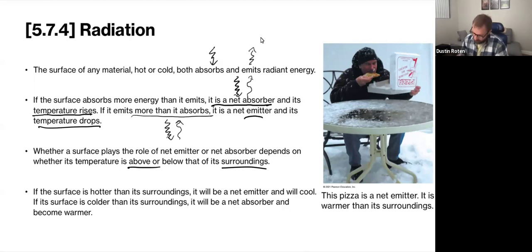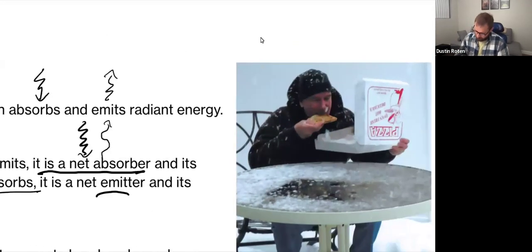So this pizza over here is clearly hot. The area around it, the background, the surroundings, clearly is cold. Now that we have a temperature difference, since this is hotter, this pizza is going to be a net emitter.